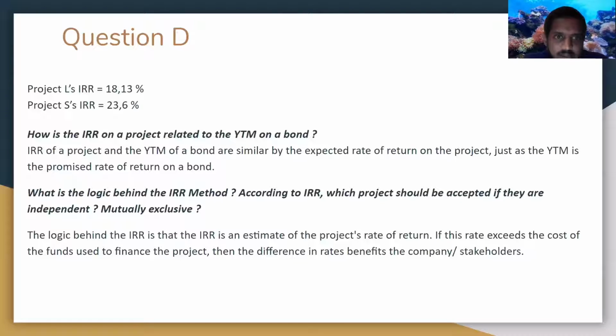And what is the logic behind the IRR method? The logic behind the IRR is that the IRR is an estimate of the project rate of return. If the rate exceeds the cost of the funds used to finance the project, then the difference in the rates can benefit the company or the stakeholder. According to IRR, which project should be accepted if they are independent and if they are mutually exclusive?